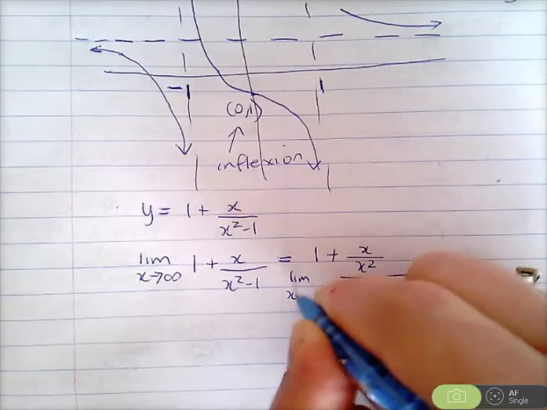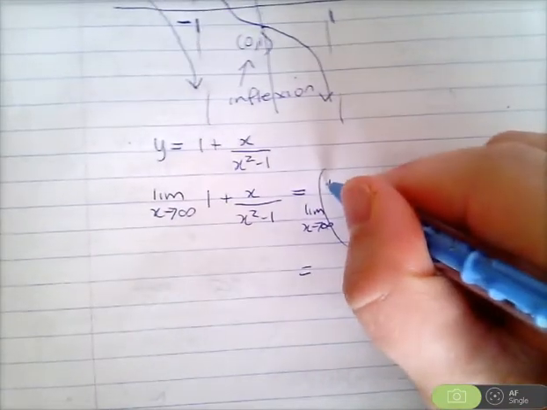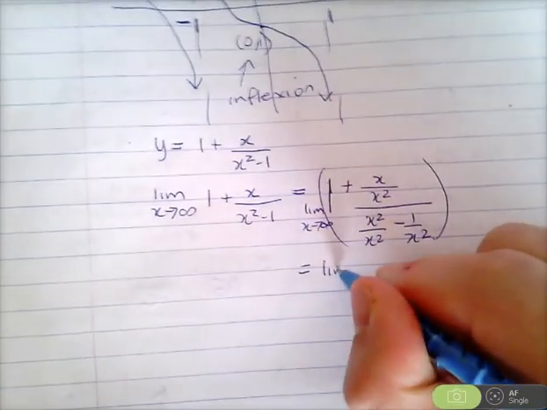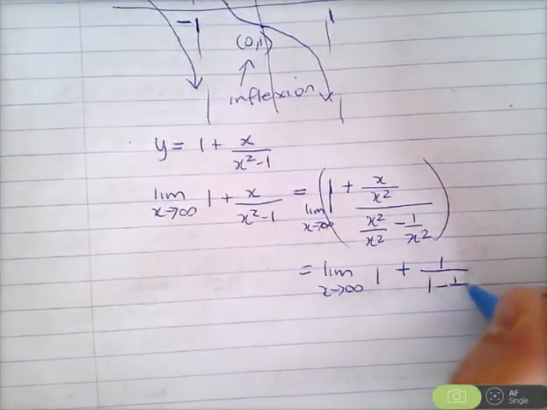We keep that 1 on its own, so it's the limit as x approaches infinity of 1 plus 1 over x over 1 minus 1 on x squared.